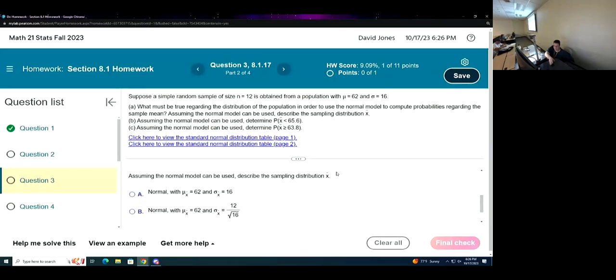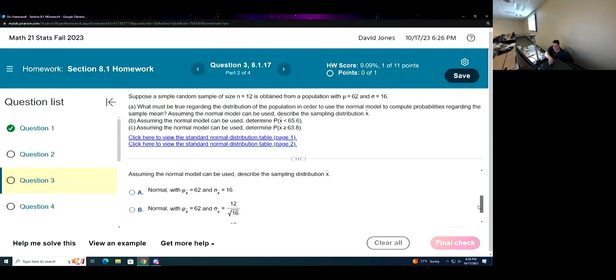And now it says, assuming the normal model can be used, like so, maybe that it is a normally distributed group, what can we say about the sampling distribution for the mean? The mean should be the same. The standard deviation should be the standard deviation 16 divided by the square root of n. We are looking for C here.